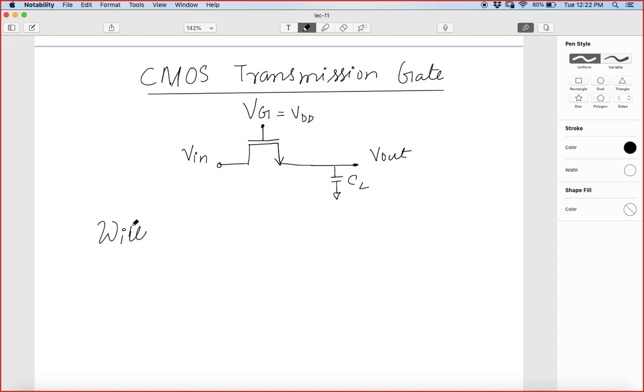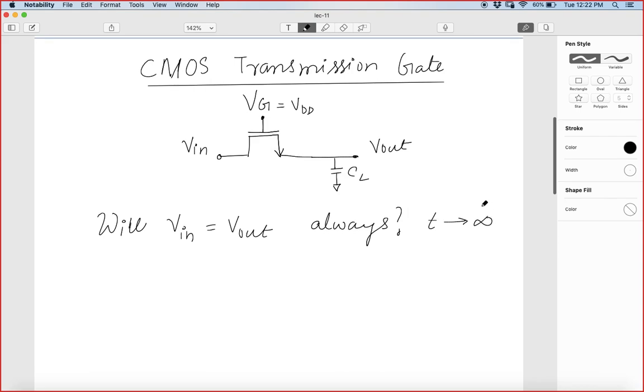Will V in equal V out always? Suppose t goes to infinity, so I have applied a V in and given a sufficient time, then will V out be equal to V in? But this is not true always. So let's see what happens.